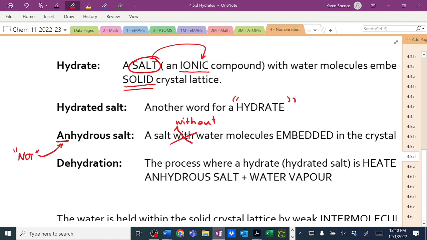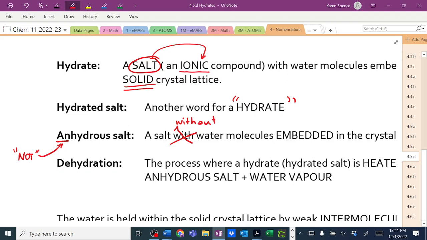They start boogieing faster. Okay, so here is my ionic crystal lattice with the waters embedded in it. It is a hydrated salt. Okay, it's moving faster and faster now. What kind of bonds are in between the sodium and the chloride? Those are ionic bonds between ions.